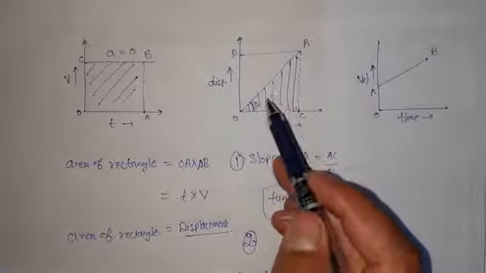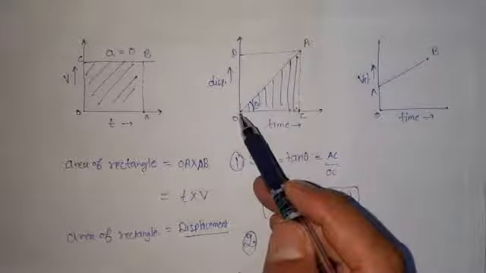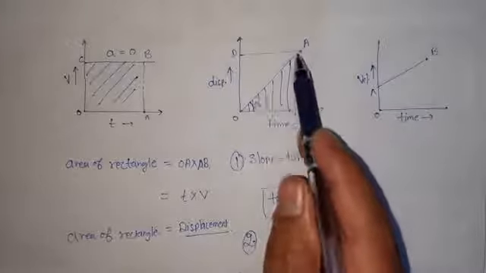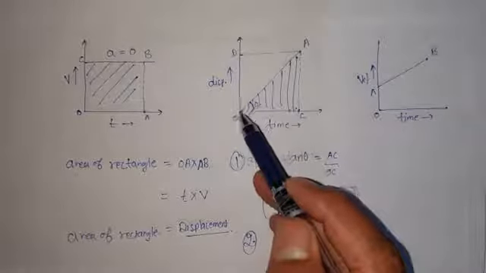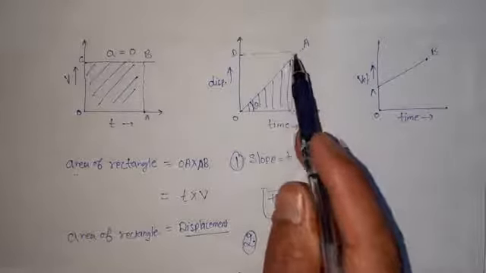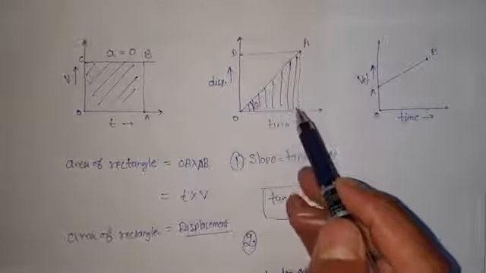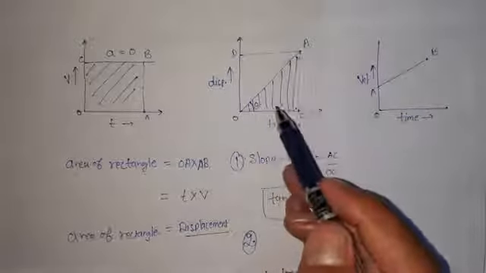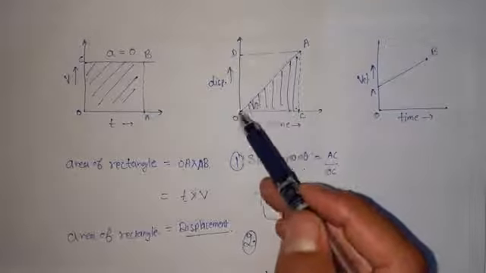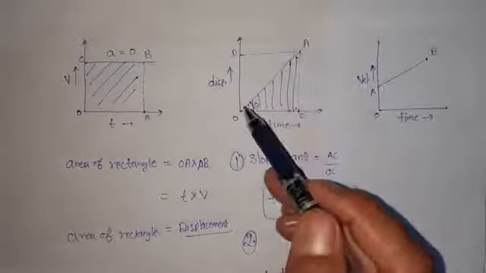So under the slope, you will find that this is the shape of a triangle. Now we have to find out what this slope will give us.